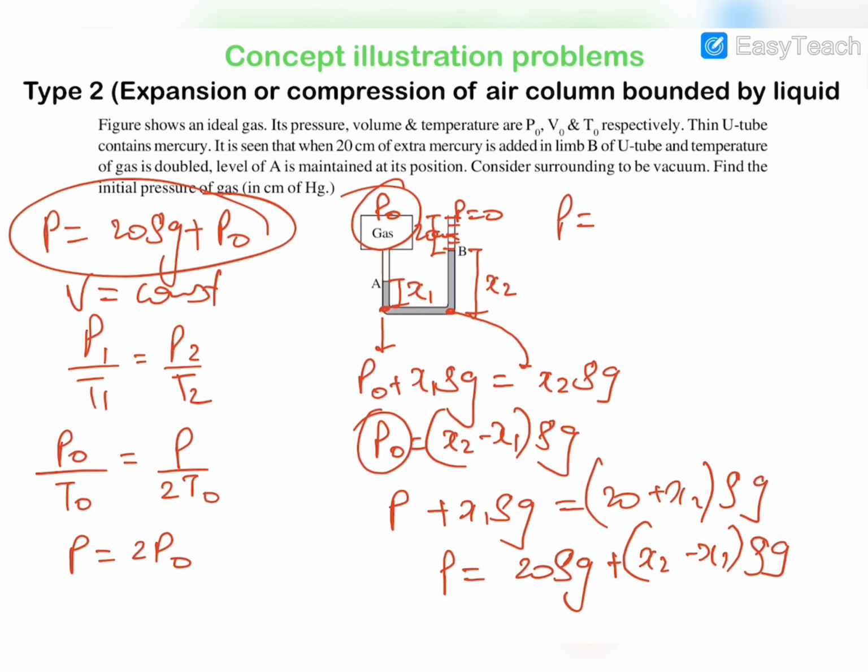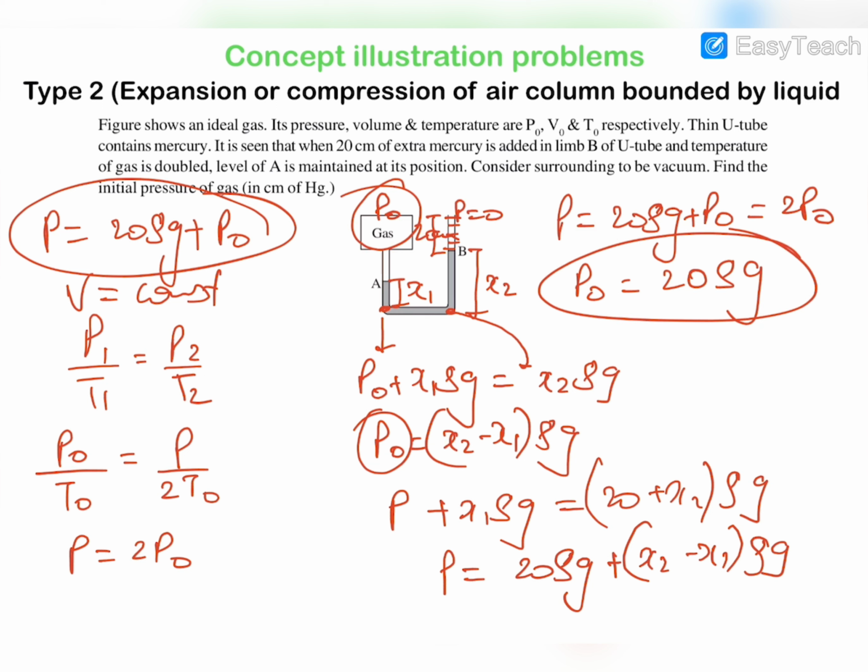So 20 rho g plus P naught will be equal to 2 P naught. So P naught will be equal to 20 rho g, which means that the initial pressure of the gas was 20 centimeter of mercury column. Now we move on to the next question.